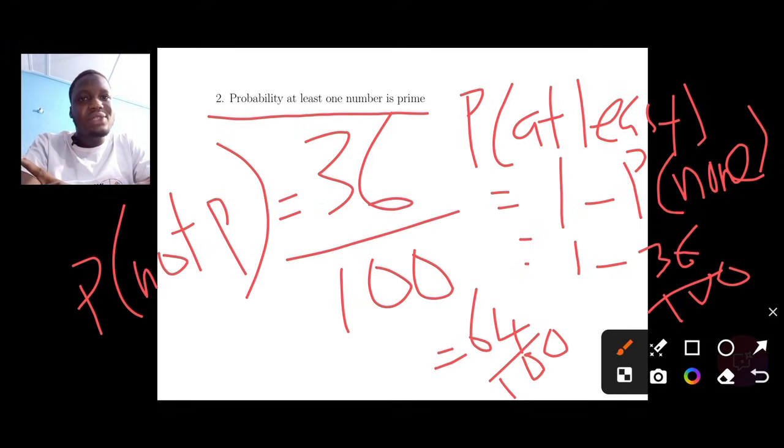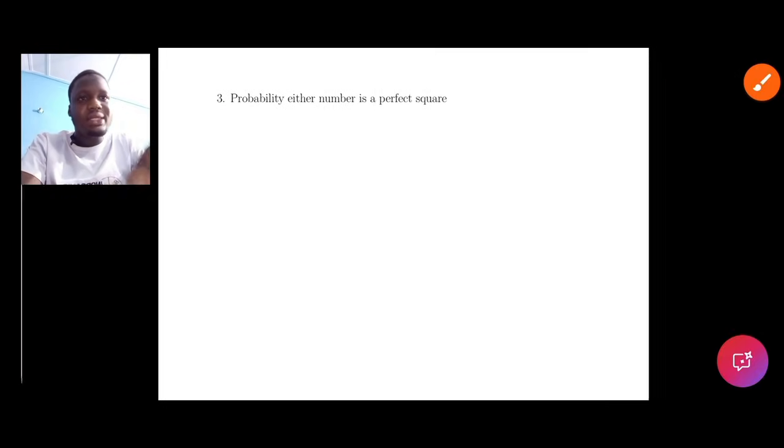The probability that the first one is not prime is 6/10, and meaning we are multiplying. The second one is not prime, it's also 6/10. So we get the probability of none to be 36/100. But that's not what we were asked to find. So we find at least one as 1 minus the none, and we end up getting 64/100. Okay, good. So let's proceed to the next item.